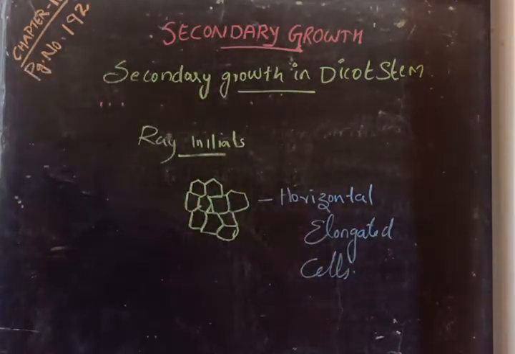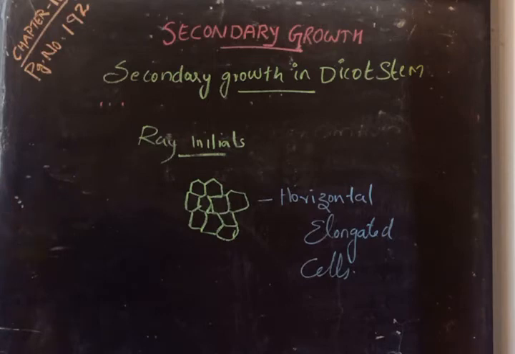Ray initials give rise to ray cells, whereas fusiform initials give rise to the axial system of secondary xylem and phloem. The ray initials form the radial system of secondary xylem and phloem.